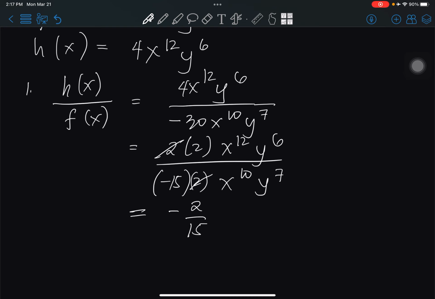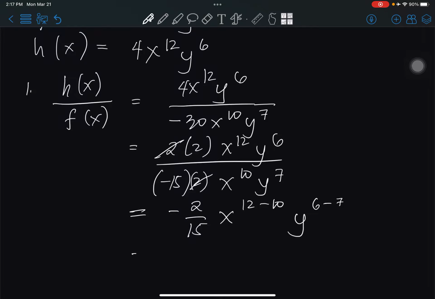Then, how about your x? So we have here x raised to the power of 12 minus 10. Okay, using your law of exponent, if they have the same base and if you are going to divide, you are just going to subtract their exponents. So that is with respect to your x. Then our y, you copy here 6 minus 7.